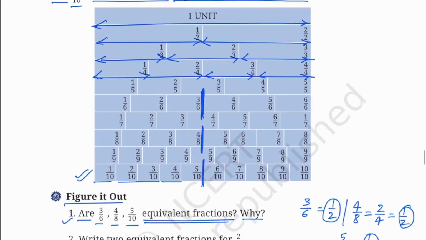In this fractional wall, 2 upon 6 is here. Equivalent to that is 3 upon 9 and 1 upon 3. So you can write 2 upon 6 is equal to 3 upon 9 is equal to 1 upon 3.